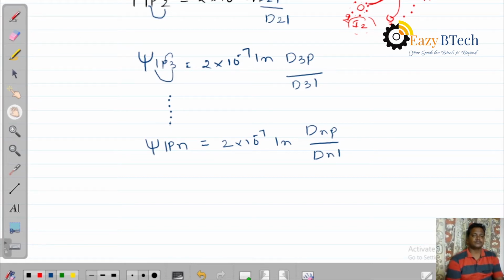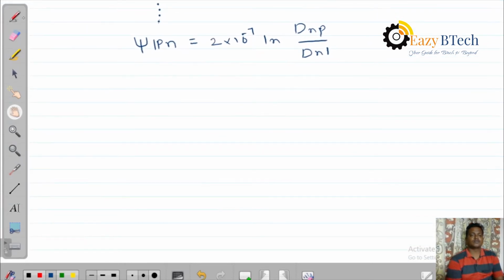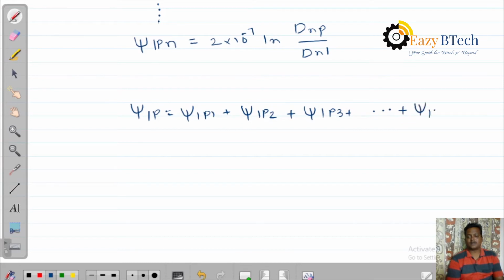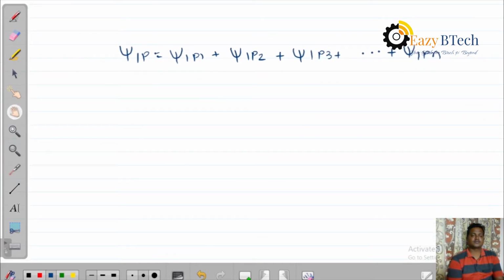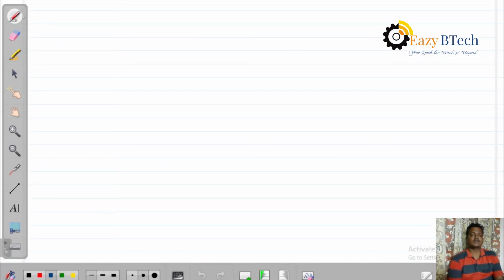Now, what is the total flux linkage of conductor 1 and p? It is the sum of psi 1p1 plus psi 1p2 plus psi 1p3 up to psi 1pn. Add these expressions. Okay, we go for another page. Add all these expressions.